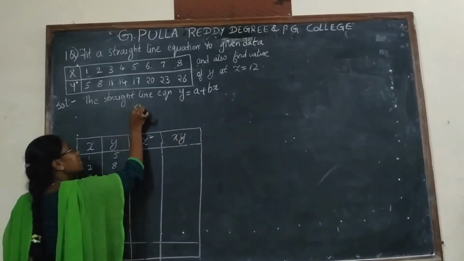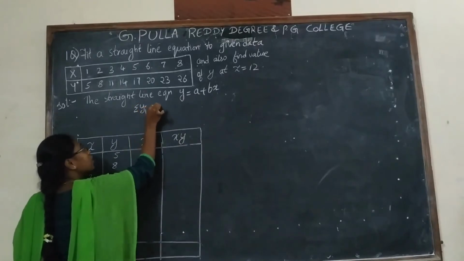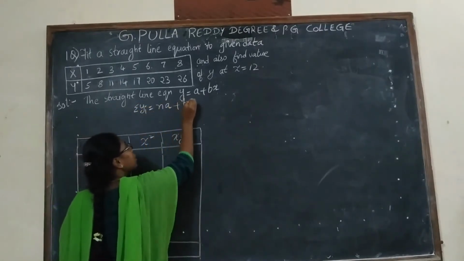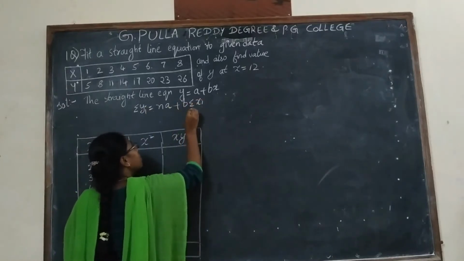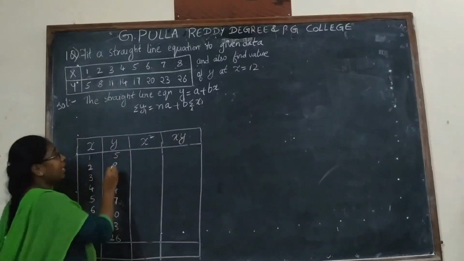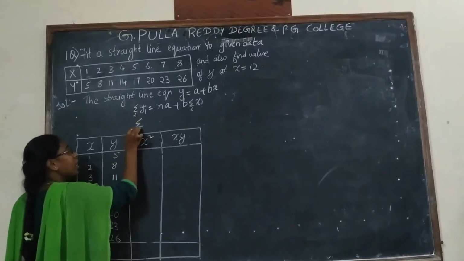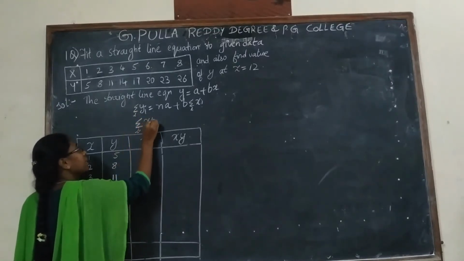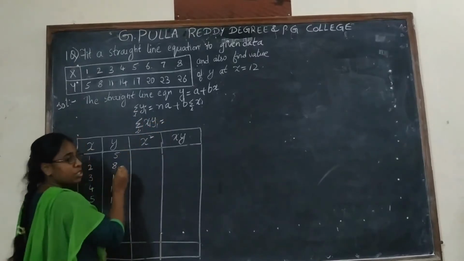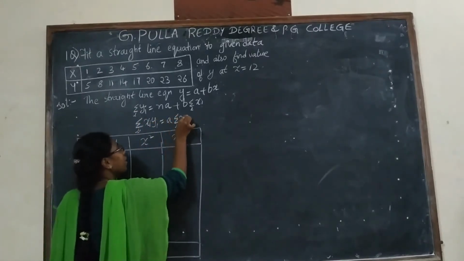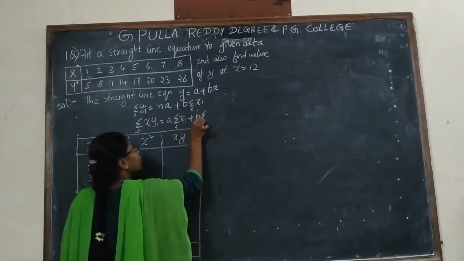First one is summation yi equals na plus b summation xi.